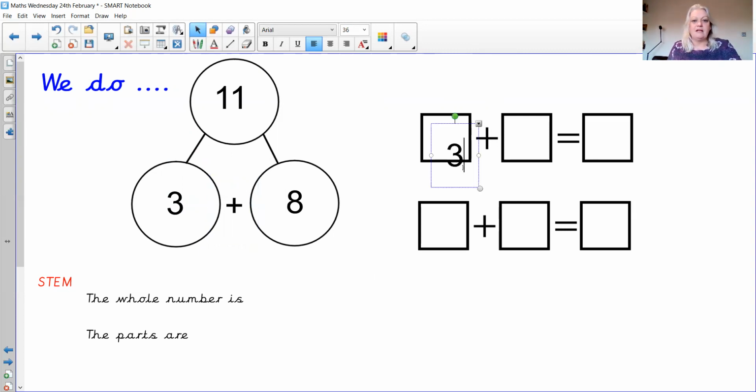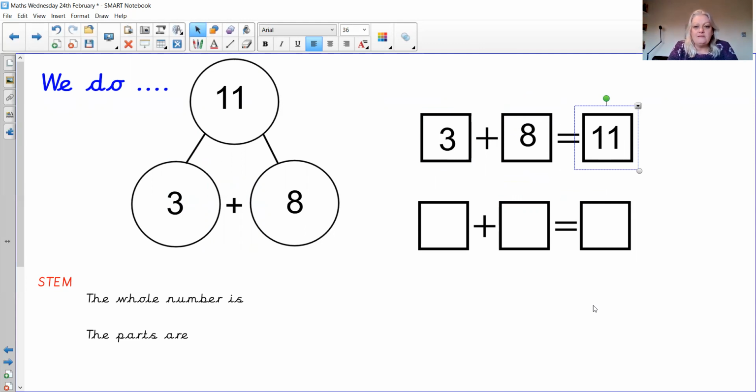So we have 3, add my other part, which is 8, is the same as, it's equal value to my whole number, 11. And you remember, we talked about in addition, you can reverse your parts.